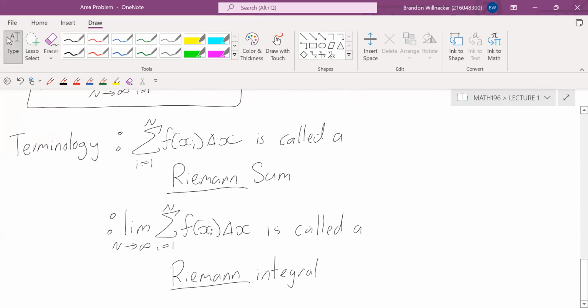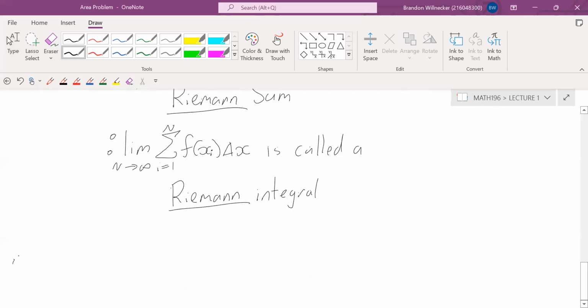If we take the finite sum to approximate the area, that's called a Riemann sum. If we then take the limit as n goes to infinity, which remember, we came up with that idea to turn the approximation into an exact area, we then call that a Riemann integral. We will look at some examples of calculating these Riemann integrals.